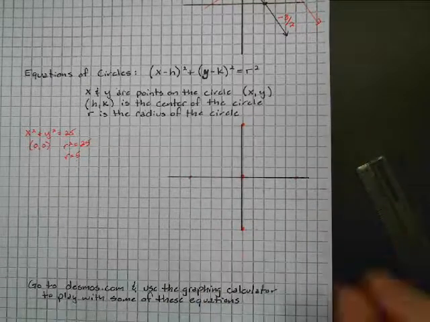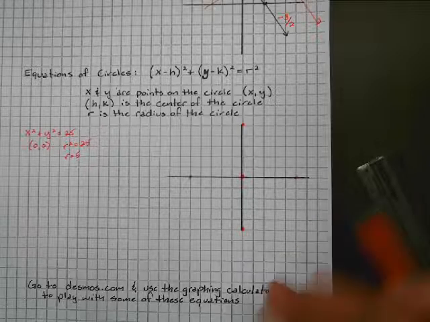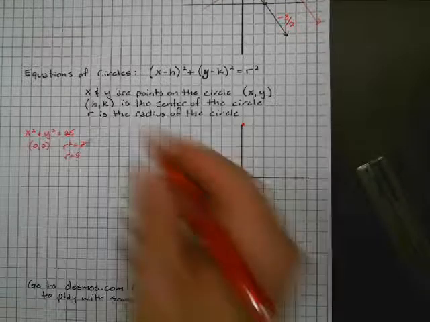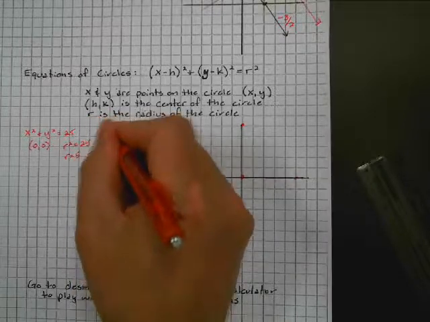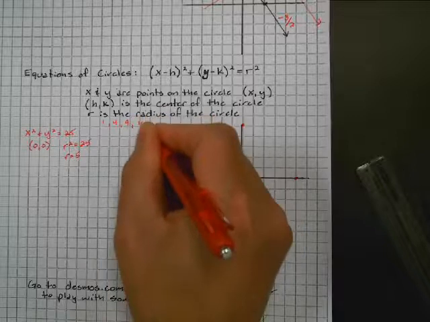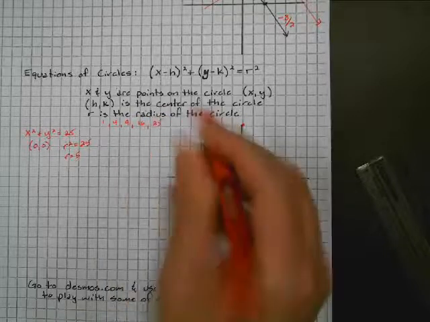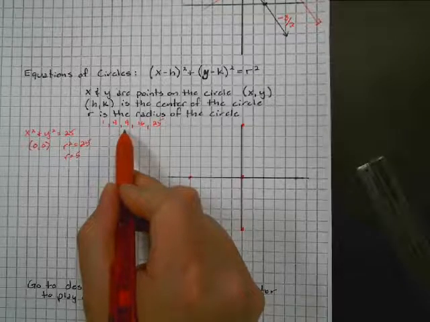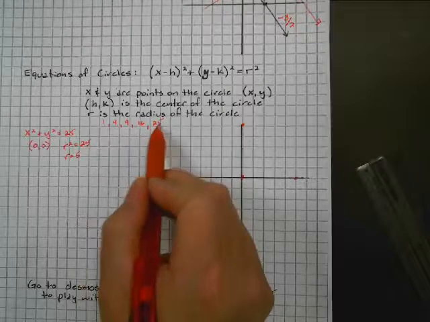Now the question becomes, are there any other points that might work? Now what we can think of is our perfect squares, which are 1, 4, 9, 16, 25. Are there any smaller perfect squares, two different ones, that would add up to 25?